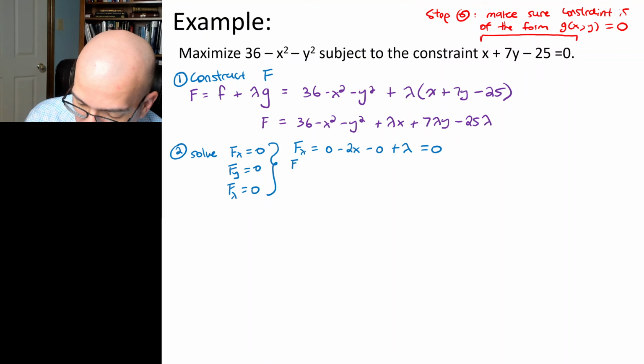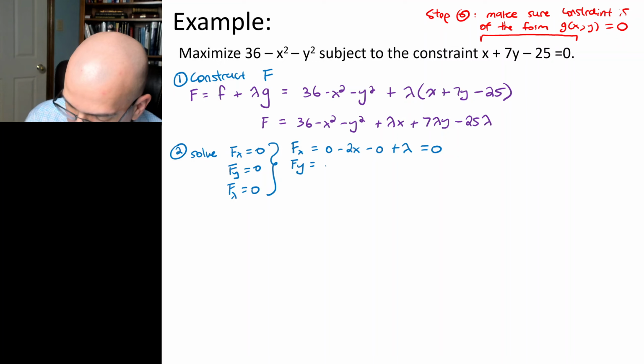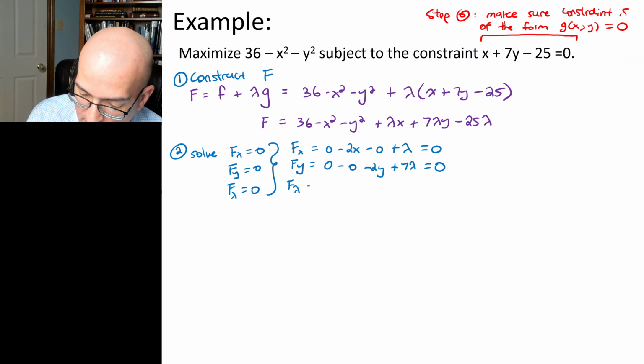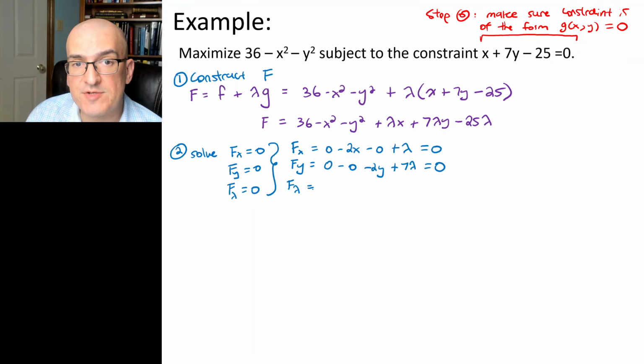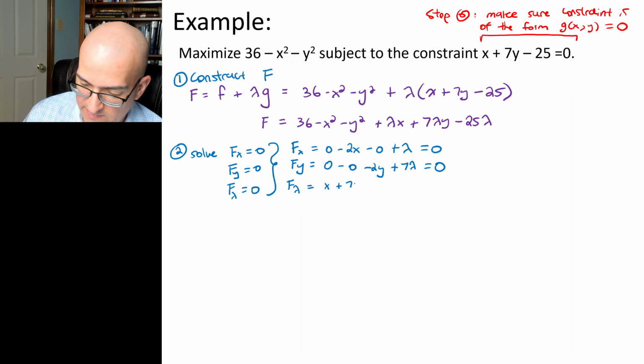For capital F sub y, we have 0 minus 2y plus 7 lambda equals 0. And then for F sub lambda, we can take the derivative of each piece with respect to lambda if you want, but what will always happen is the constraint will come out. It'll always be the constraint, x plus 7y minus 25 equals 0 in this case.